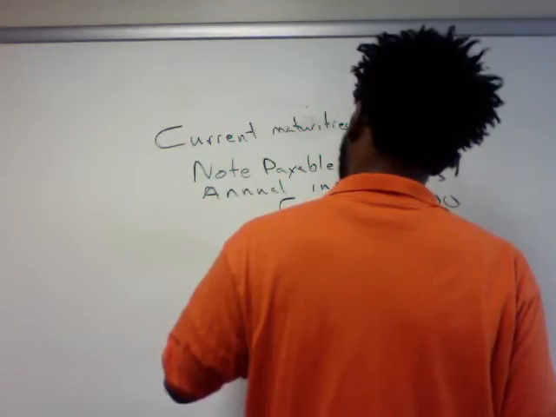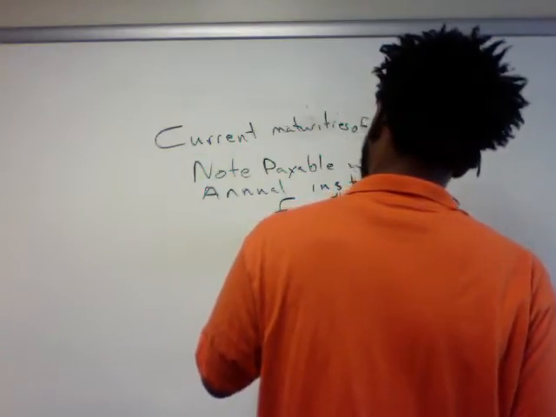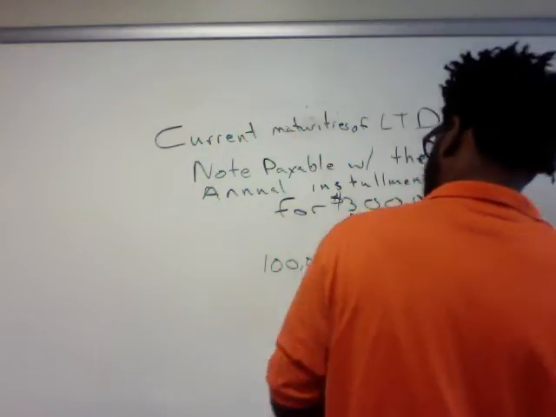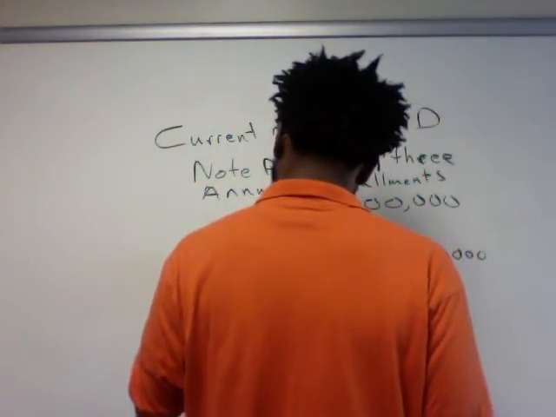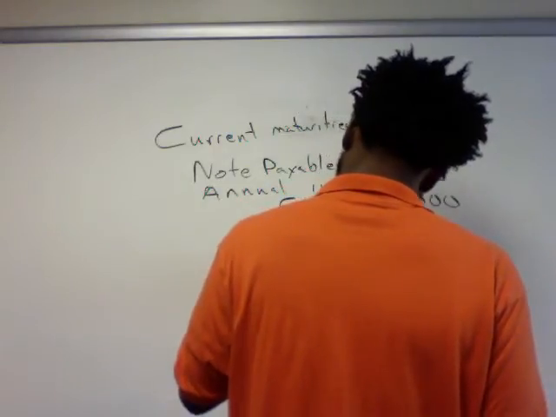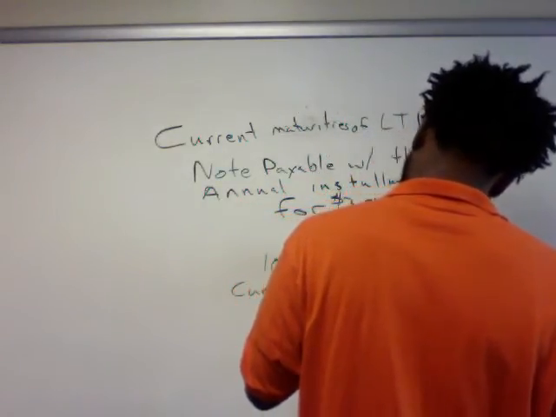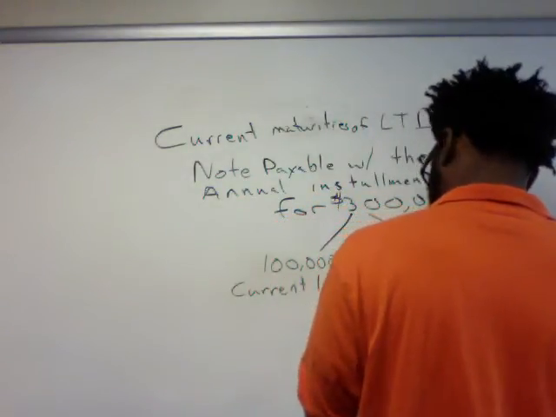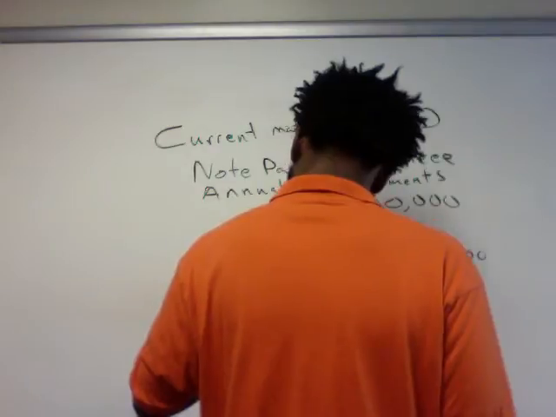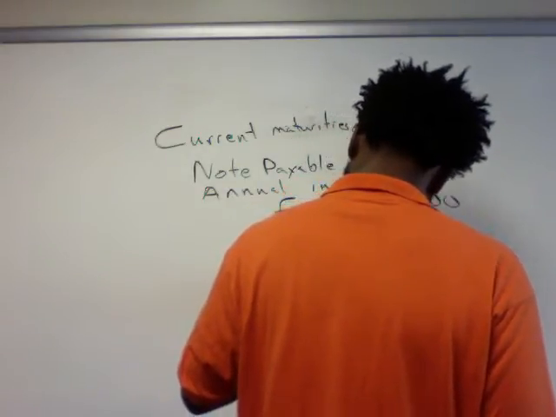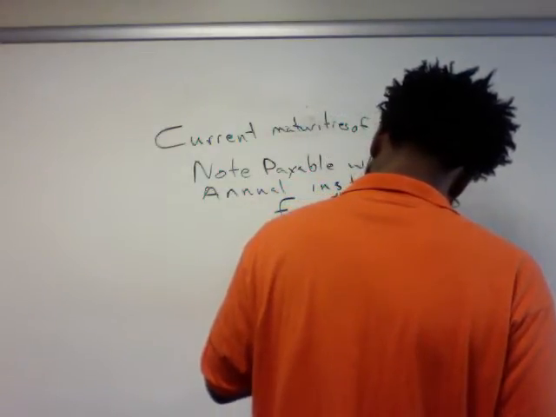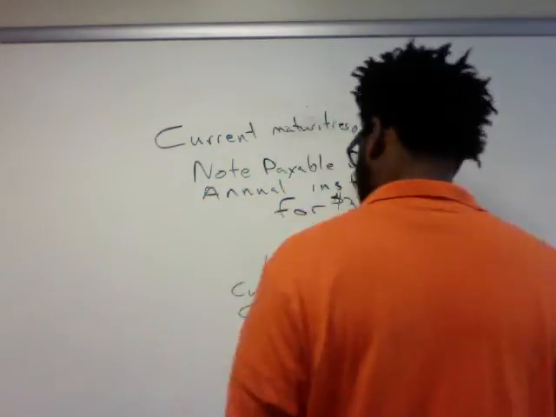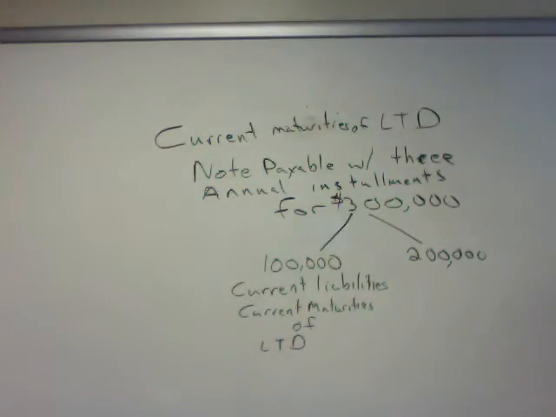We're going to take, let's say, 100,000, right? And we have 200,000. And 100,000 is going to be considered a current liability, and it's going to be called, under the category, current maturities of long-term debt.